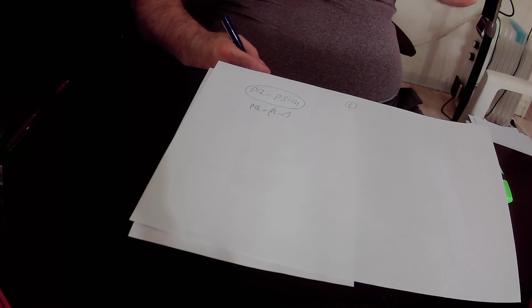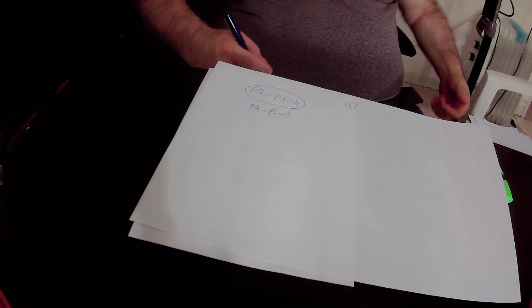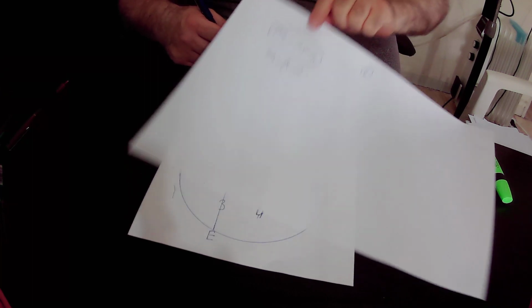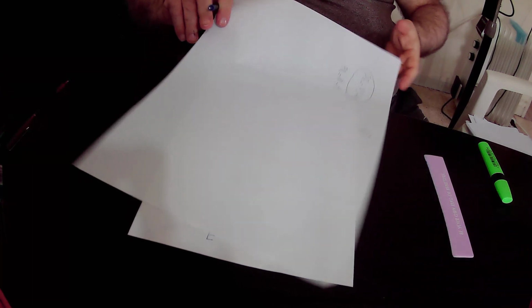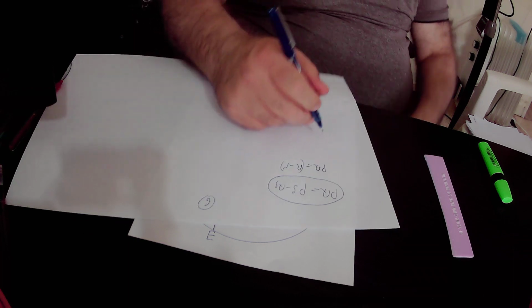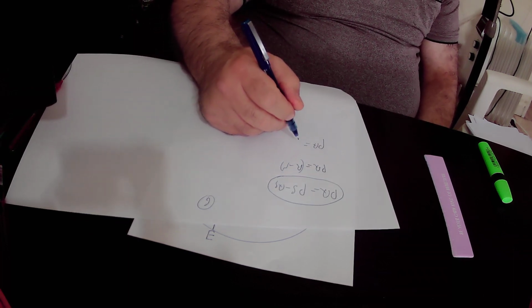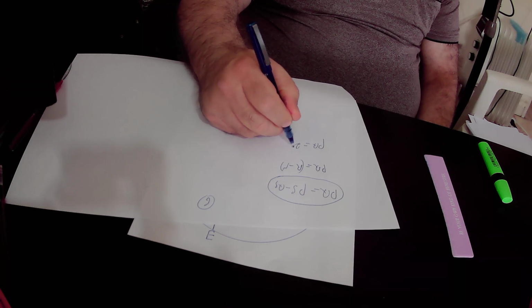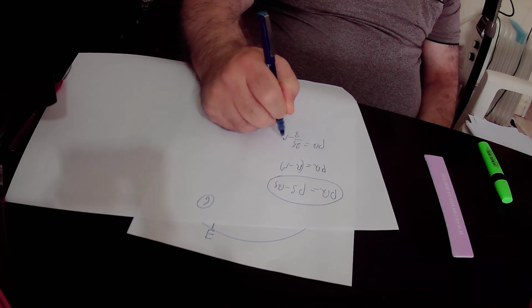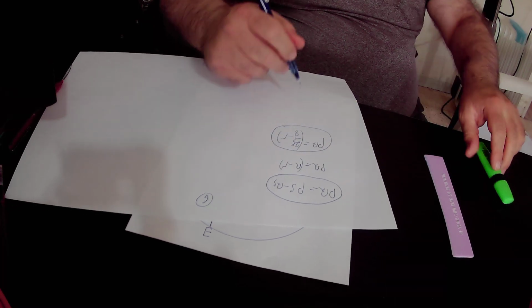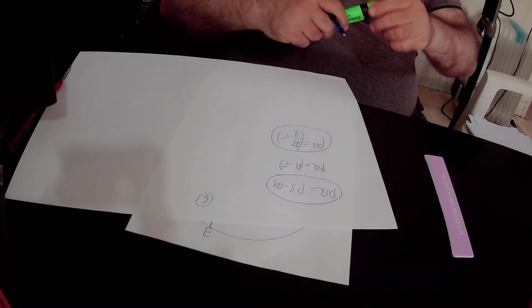But we already found out that capital R equals 25 over 8, so we can substitute capital R by 25 over 8. We'll do it now and we'll get PQ equals 25 over 8 minus small r. So in conclusion, PQ equals 25 over 8 minus small r.